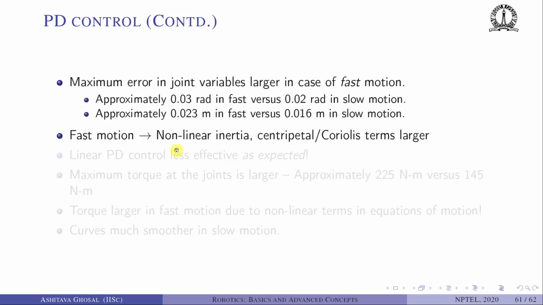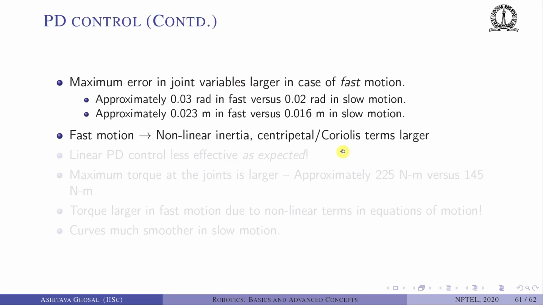Because in the fast motion we have nonlinear inertia, centripetal, and Coriolis terms which are much larger. The nonlinear terms are significantly larger when it is moving faster. We are using a linear controller, so we are trying to control a nonlinear system using a linear controller. If the nonlinearity is more, the performance will be worse.